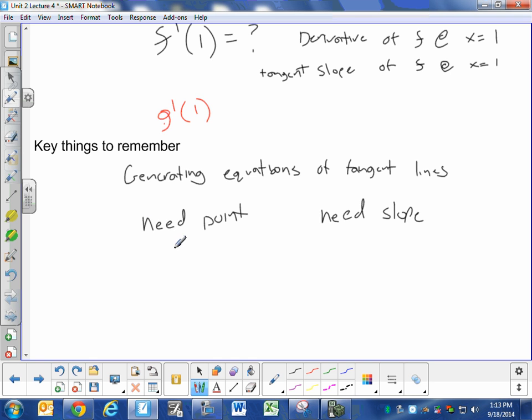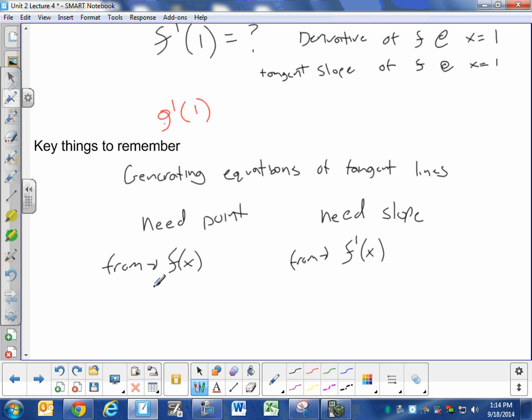Now the point will come from my function. That'll tell me where my tangent line will pass through. The slope will come from my derivative function. That'll tell me what my slope of my tangent line is.